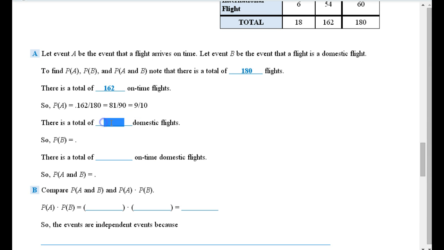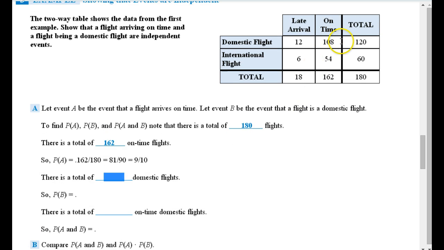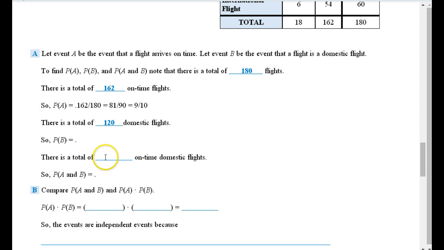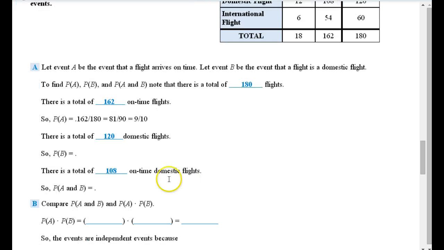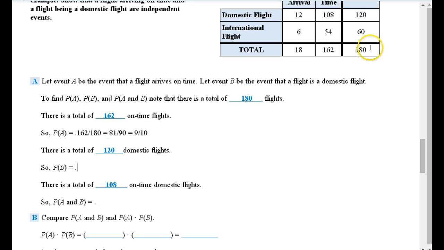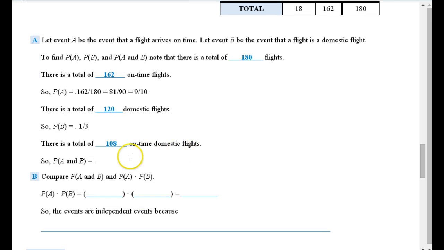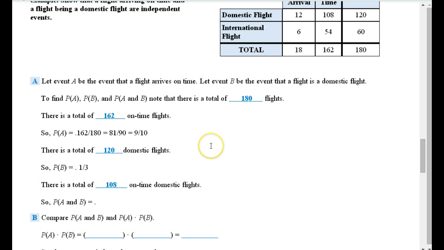Now, how many total domestic flights? There were a total of 120 domestic flights. And there is a total of how many on-time domestic flights? That would be 108. So the probability of B, that the flight was domestic, there were 120 of them out of 180, so that's 2 over 3.